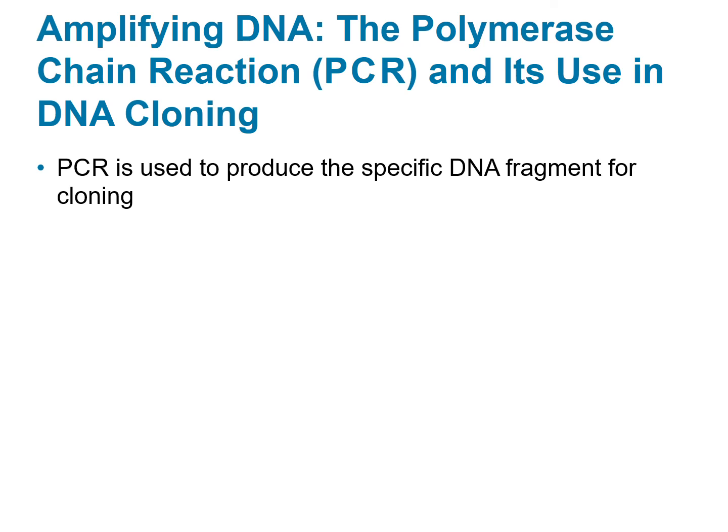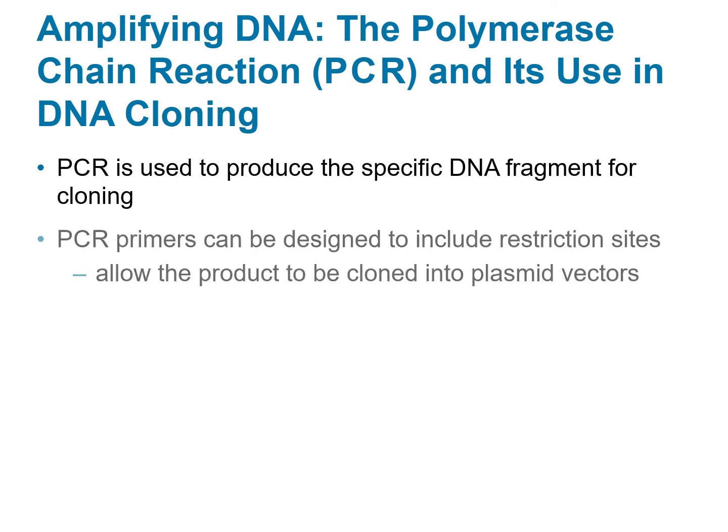So PCR is going to produce a high number of copies of a specific fragment that you're interested in, and we're going to use it for cloning. So the primers can be designed to include restriction sites. Remember, we want to cut the fragments with specific restriction enzymes so that we can insert this DNA fragment into a vector.